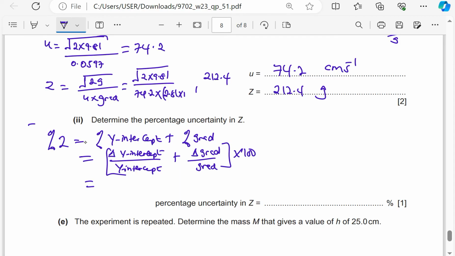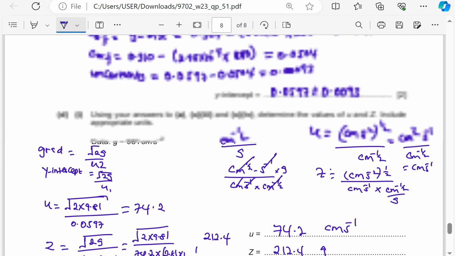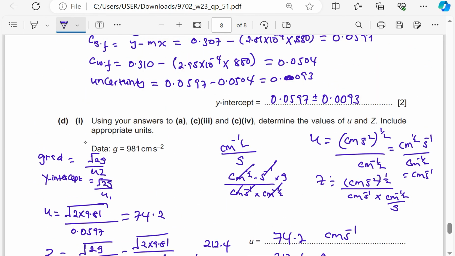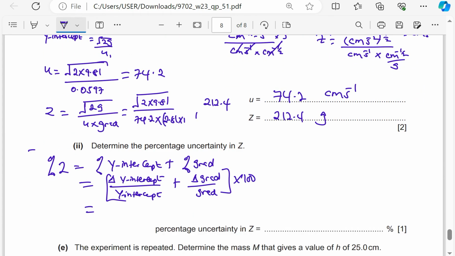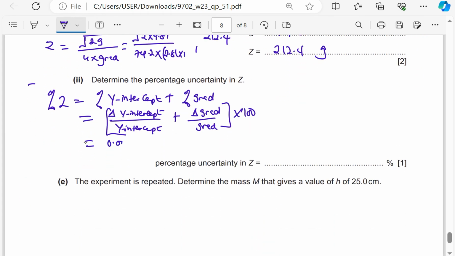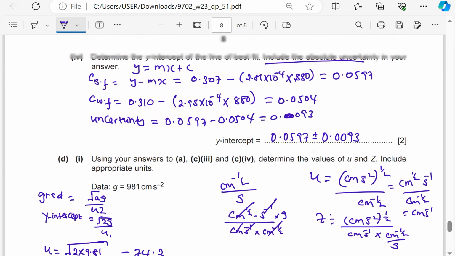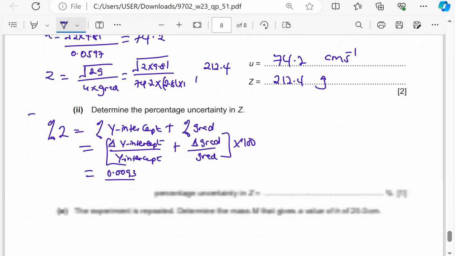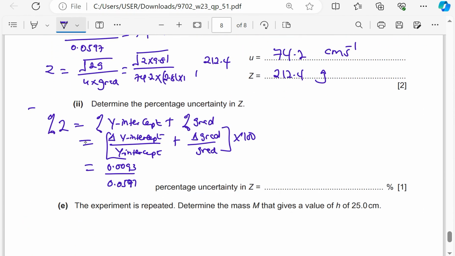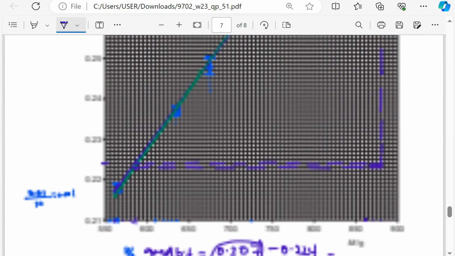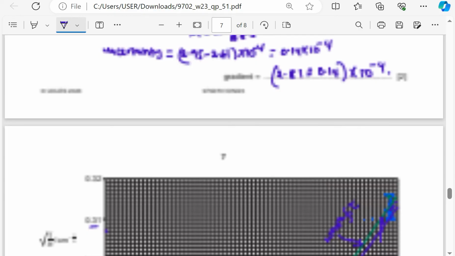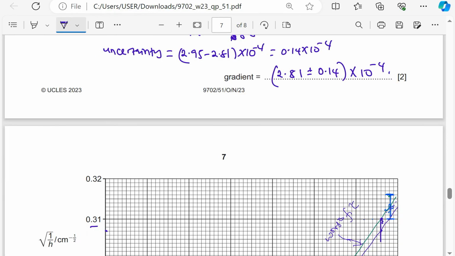So this will be for the y-intercept. Remember the y-intercept was 0.0093 over that. So I'll just simply say 0.0093 divided by 0.057597, plus for the gradient, remember the gradient was 0.14 divided by 2.81.